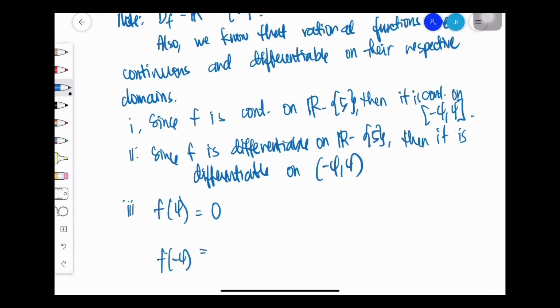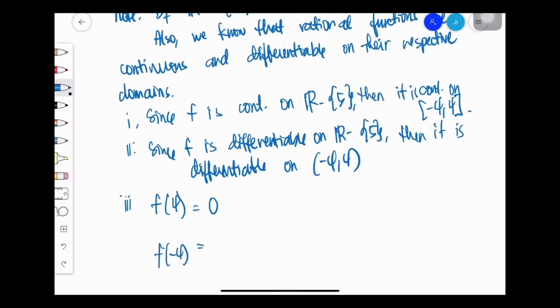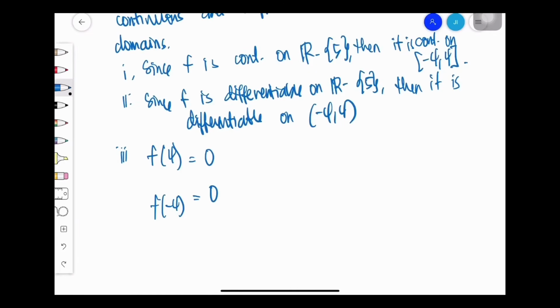And f of -4 is 16 minus 16 over 5 plus 4, which is 9. That's 0 over 9, which is 0 as well. And they are the same. Hence, f of 4 is equal to f of -4.